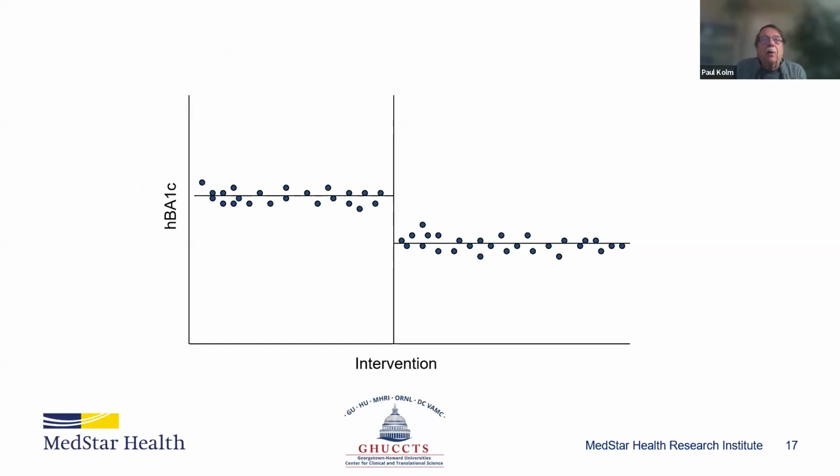There's actually no trend at all, but we can see that there's a difference in the overall mean before and after the intervention. So in this case, we would say that our intervention worked in lowering A1C.